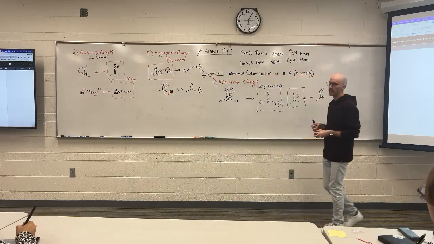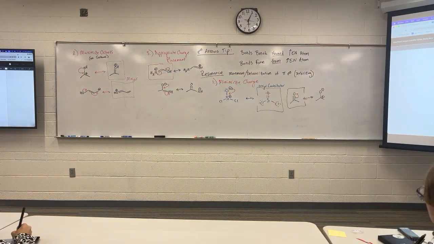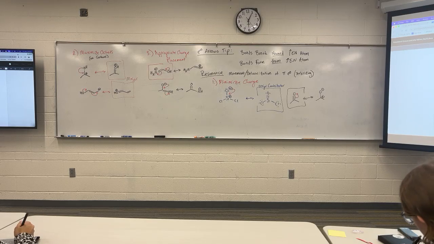Now I have a form where nitrogen holds the negative charge. What's more appropriate? The one on the left? Why? It's not just more electronegative, it's the negative charge on the more electronegative.